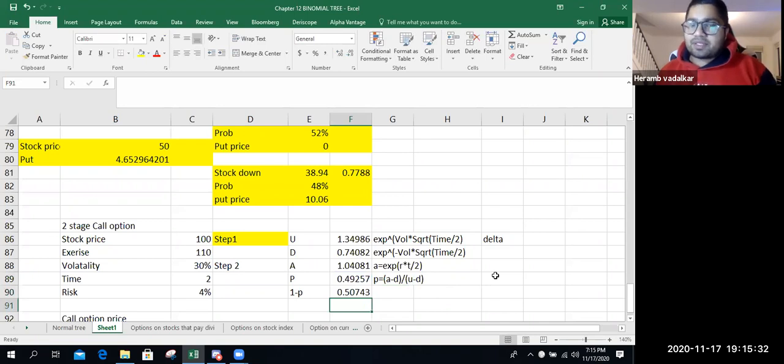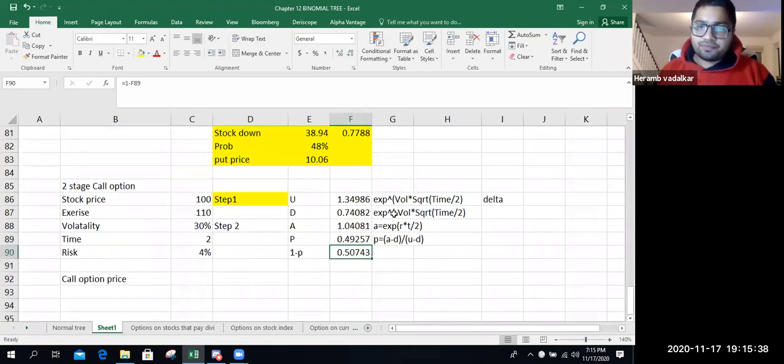So 49% chance it will move up, 50% chance it will move down.